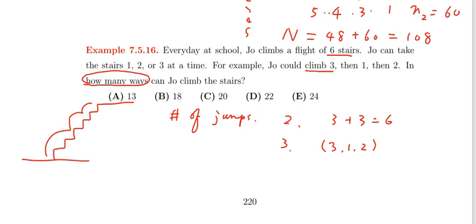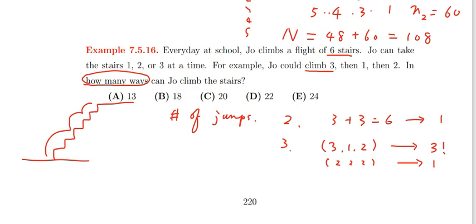So from here we get 1 way for 3 jumps of 3, 1, 2 as one ordering, but actually we can have 3 factorial, 6 ways. And also it can be 2, 2, 2, which is just 1 way. So for 3 jumps, there are 2 cases.